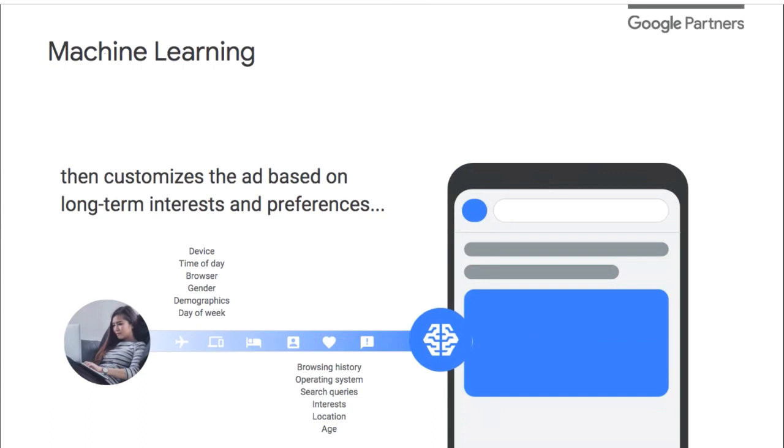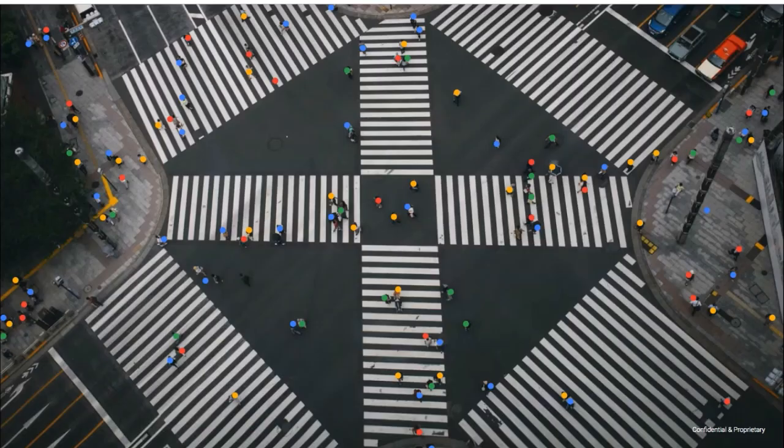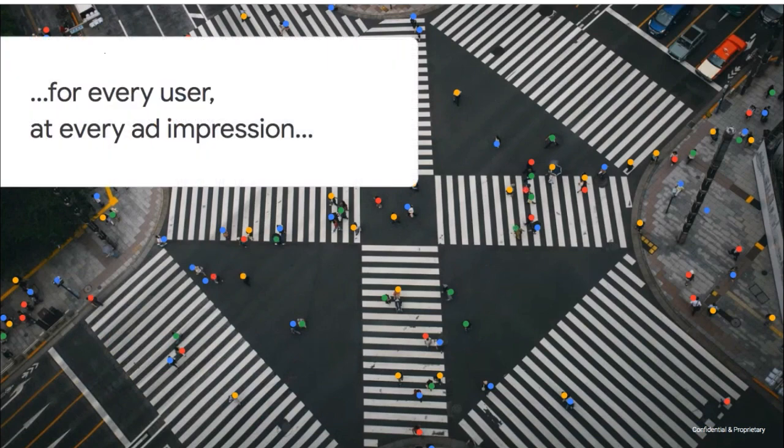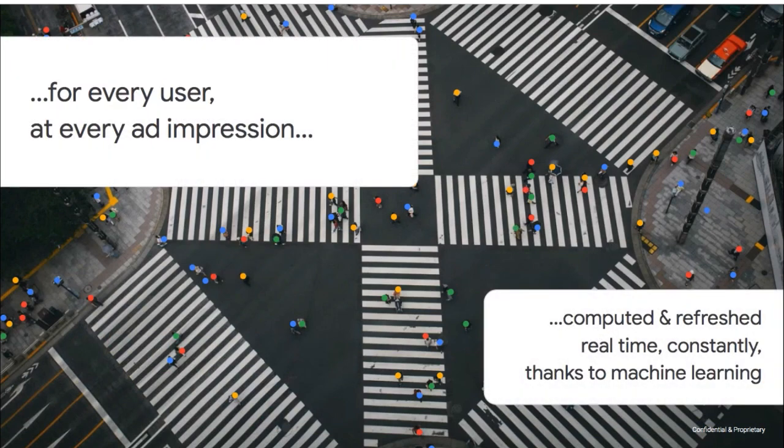And machine learning then does the rest. It customizes the ad based on her long-term interests and preferences, some of which are listed here, and pulling on the various assets which you will have already given the system. And the magic part is our system is doing this constantly in real time for every user, for every impression. And that's something that's impossible for an account manager to do manually. It really is quite incredible.